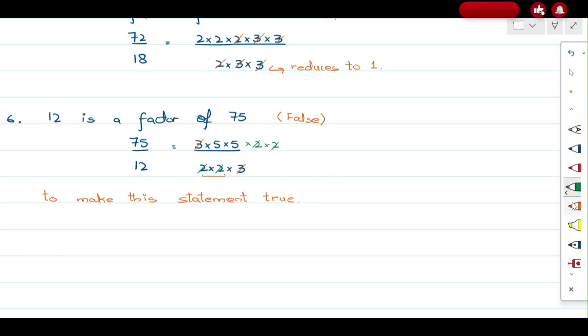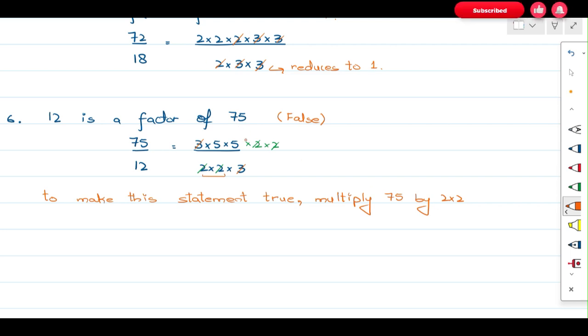So we have to multiply 75 by 2 times 2. Now these 2s are cancelled out. Now the denominator is reduced to 1. Now we can say that 75 times 2 times 2, which is 4, so 75 times 4, is 300, and 12 is a factor of 300.